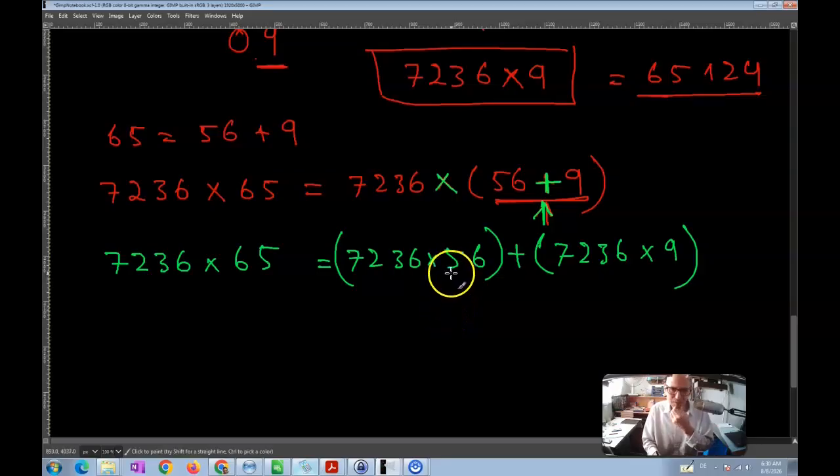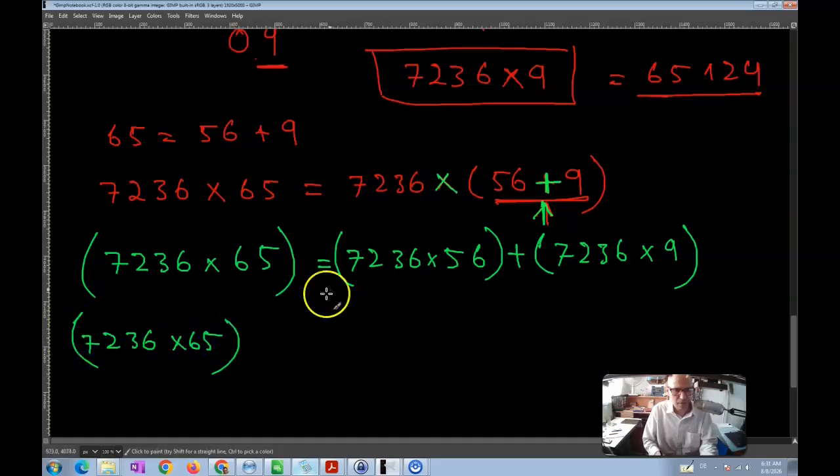So now the difference between these two calculations, we can essentially write, you see that this is 7,236 times 65, and then this whole thing I can bring to the other side, but then I have to change the sign, meaning the sign right now is positive, like the positive over here that in algebra we don't write.